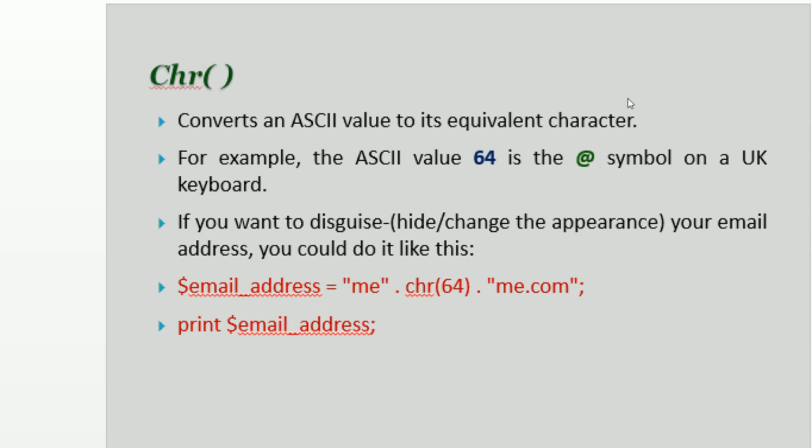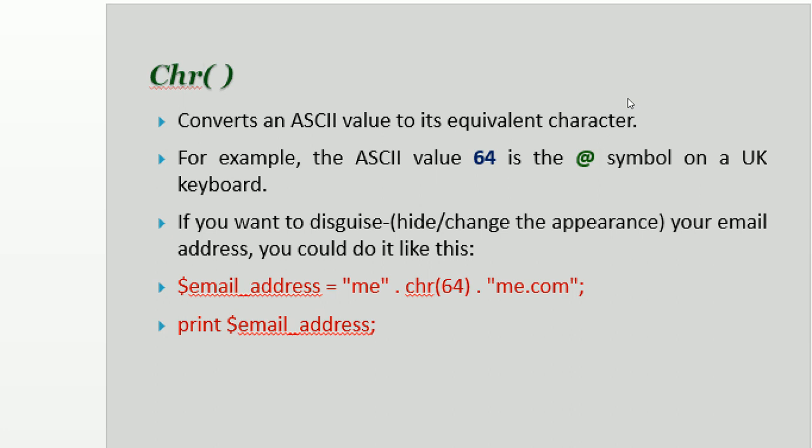For example, the ASCII value 64 is for the symbol @. Clear? In your email addresses you use the @ symbol, at gmail.com, at yahoo.com, whatever email account you have. Do you know about the UK keyboard?